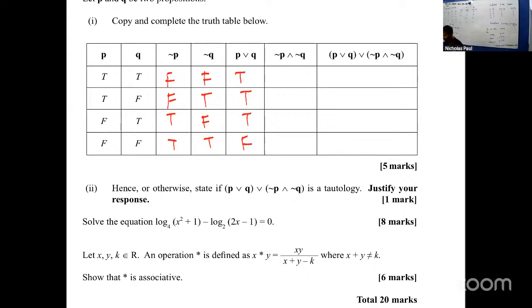Double negate them, and conjunction, that would be false, false, false, true. That's okay? And now we are going to disjunction there: true, true, true, true. So therefore, it is a tautology. You okay with that?